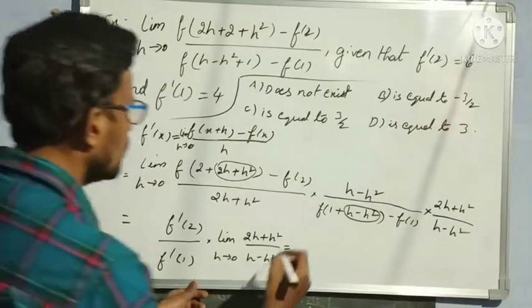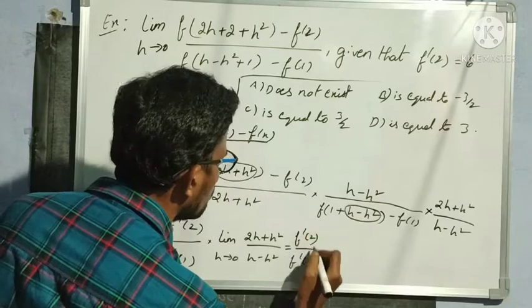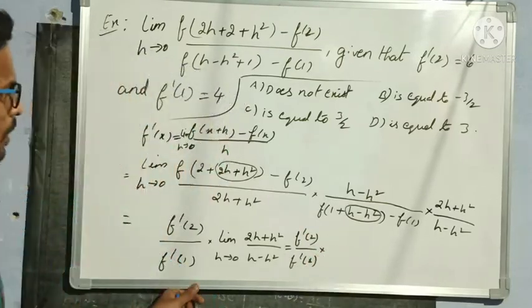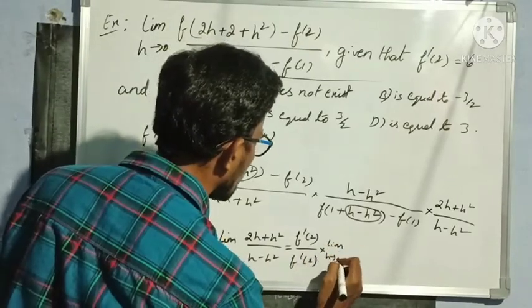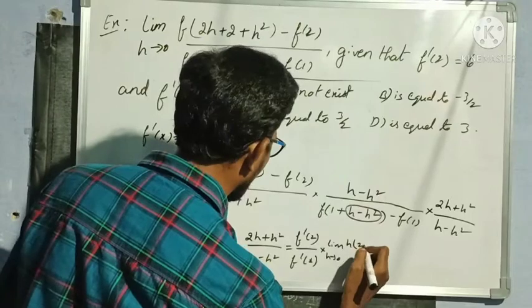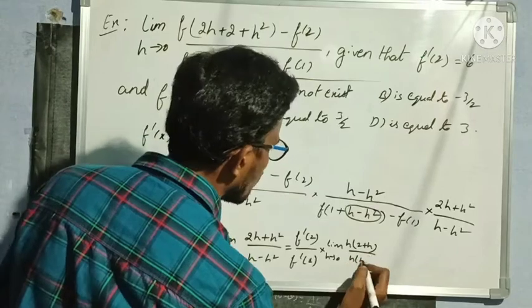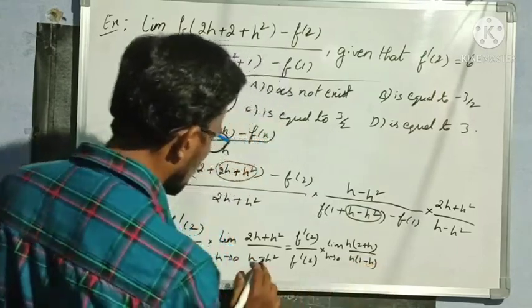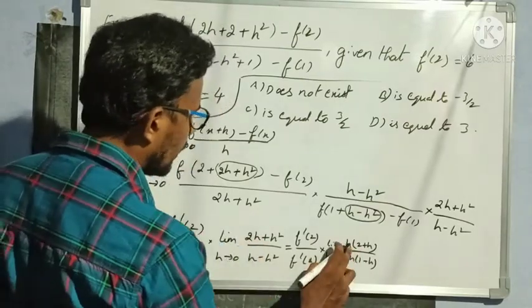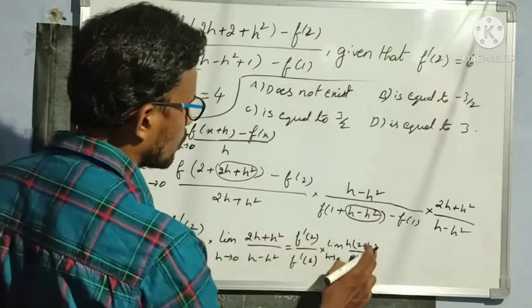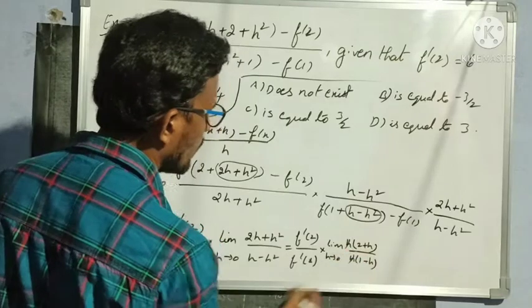So that is equal to f dash 2 by f dash 1 into limit h tends to 0 of h of 2 plus h by h of 1 minus h. Here h is common in both numerator and denominator. In the numerator, 2 plus h will remain, and in the denominator, 1 minus h, here also h gets cancelled.